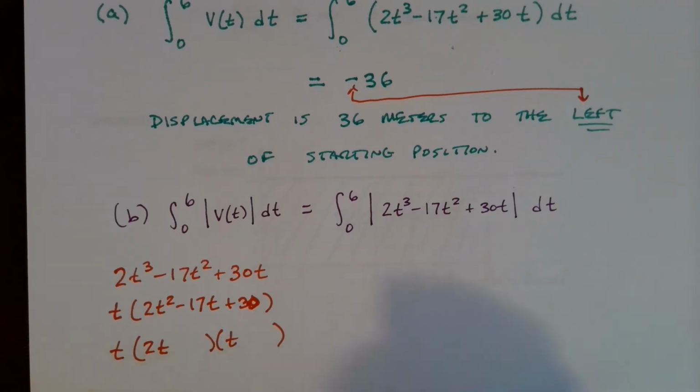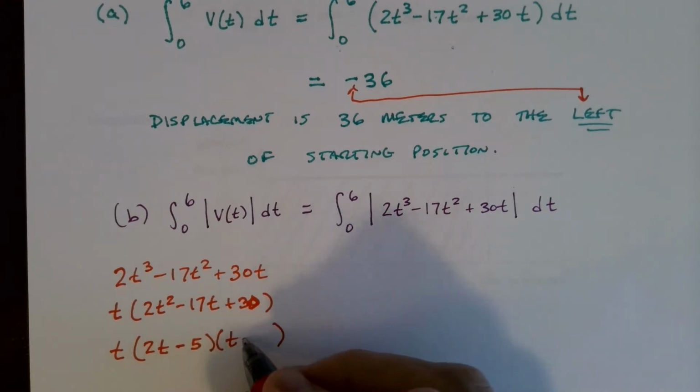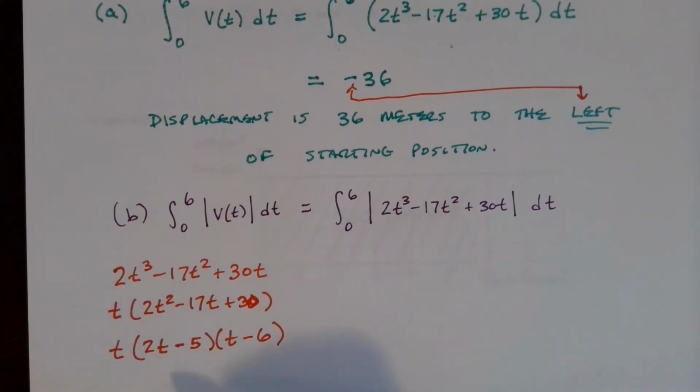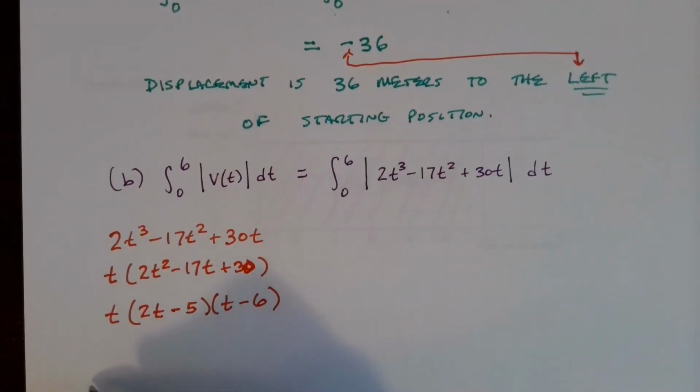Negative 5 times t is negative 5. Negative 12 and negative 5 is negative 17. Okay. And so notice this function is 0 when t is either 0, 2.5, or 6. In fact, we can do a little sign check on this.